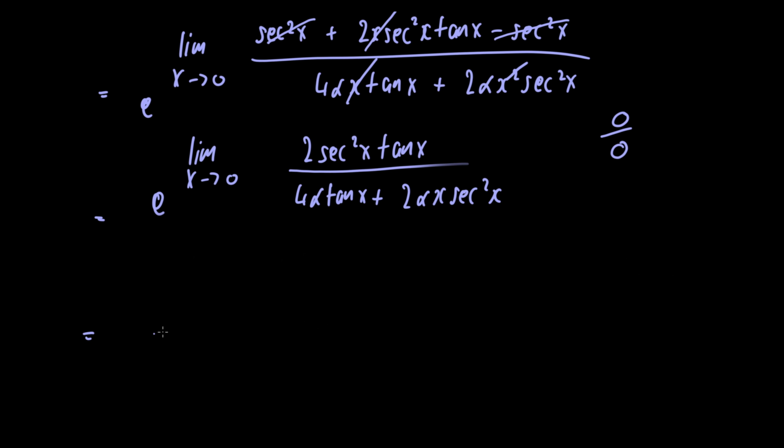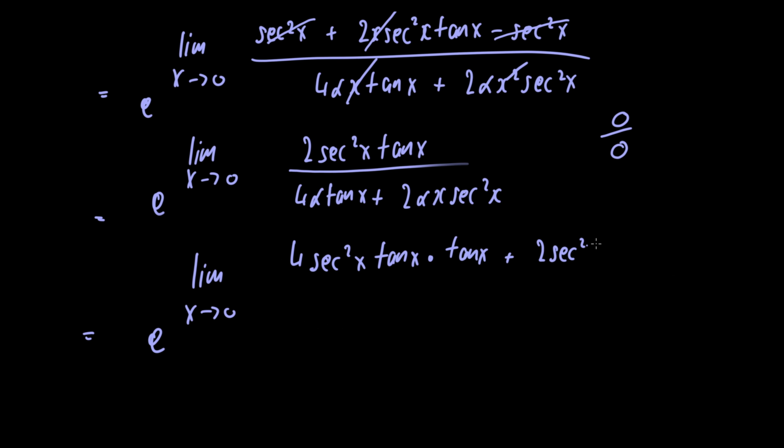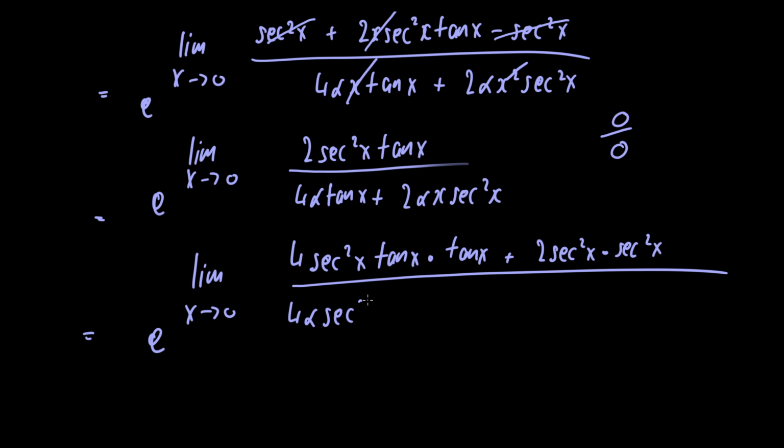So applying L'Hopital's rule, we just have e raised to the limit as x approaches 0 of 4 times secant squared of x times tangent of x times tangent of x plus 2 times secant squared of x times secant squared of x, divided by 4 alpha times secant squared of x plus 2 alpha times secant squared of x plus 2 alpha times x multiplied by 2 times secant squared of x times tangent of x.